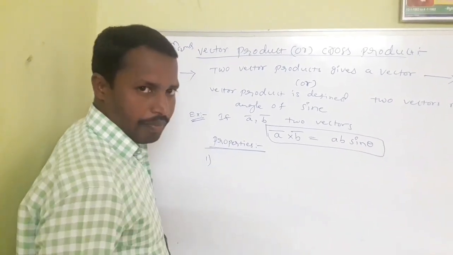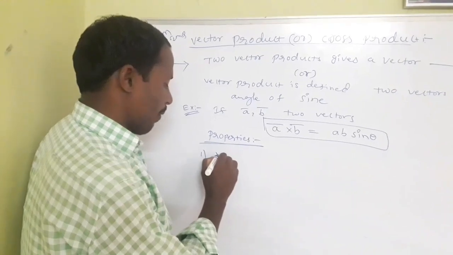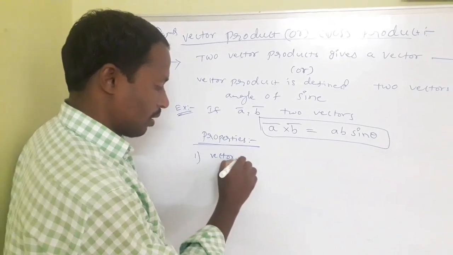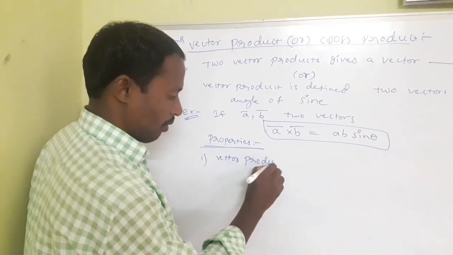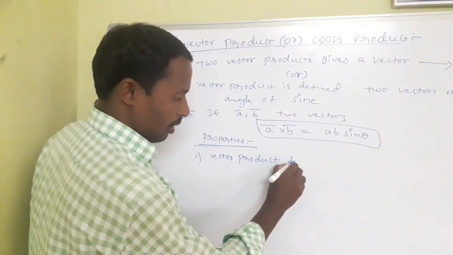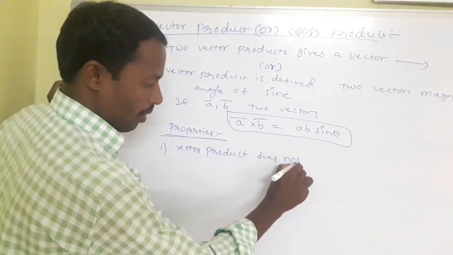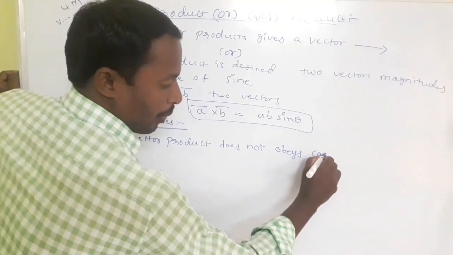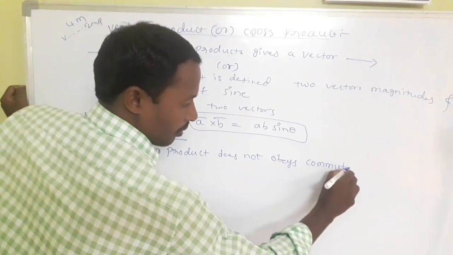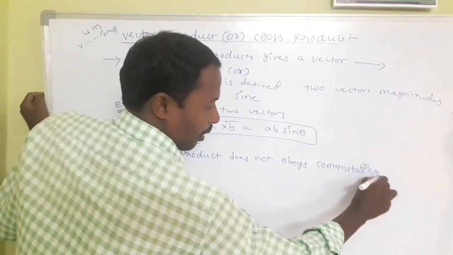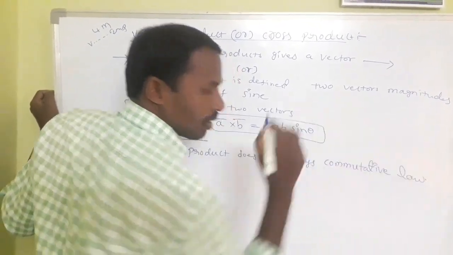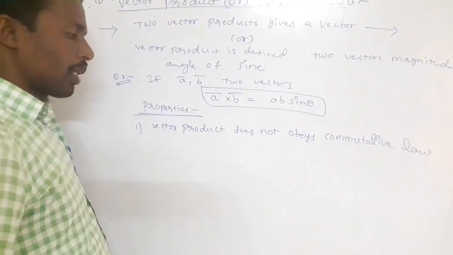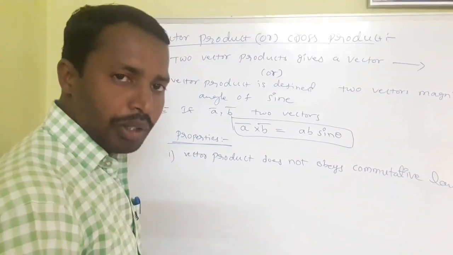First property: vector product does not obey the commutative law.